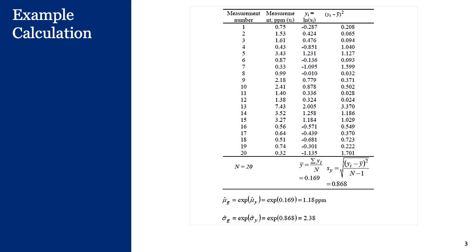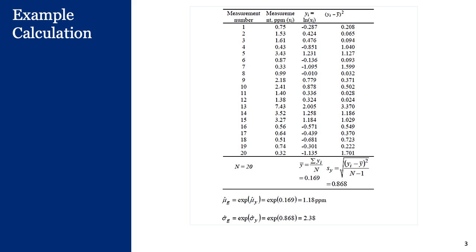as well. So if you take these y sub i's, the log transformed measurements, and you sum up all these values, at the bottom of this table you see a y bar, which is essentially the arithmetic mean of the log transformed values. So you sum up all the y sub i's and you divide by the number of measurements, and you get y bar is 0.169.